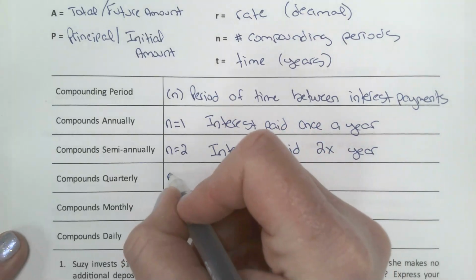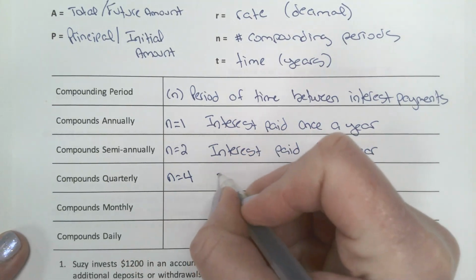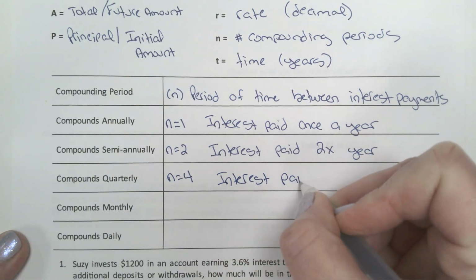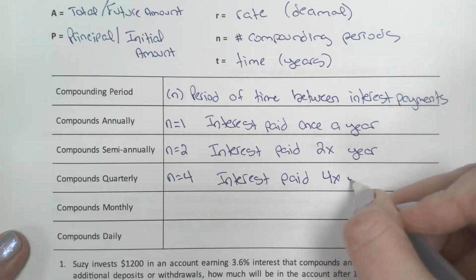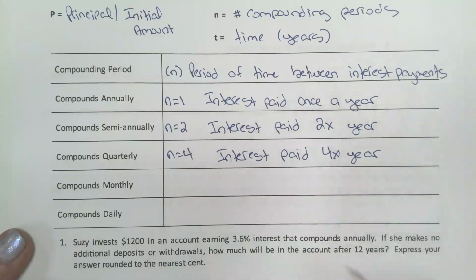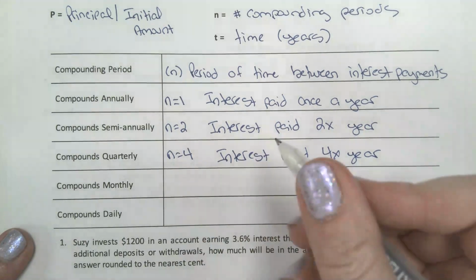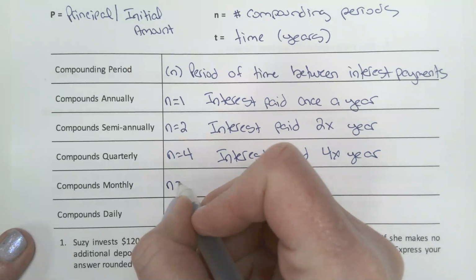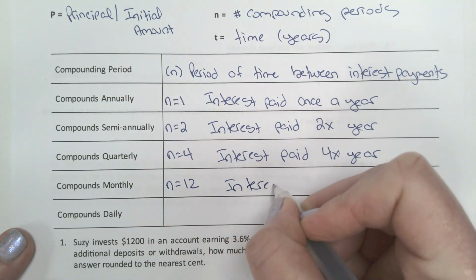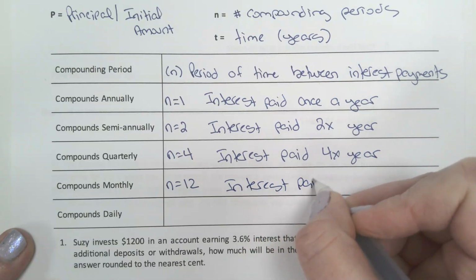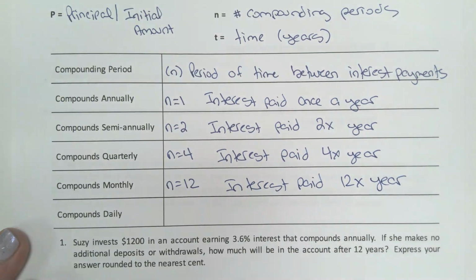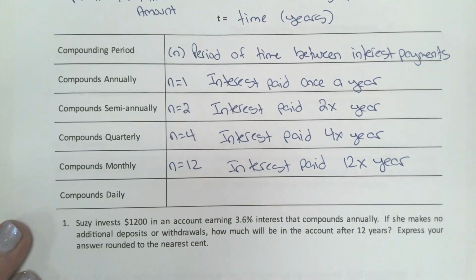Okay, so N would be 4. Interest is paid 4 times a year. I think that monthly is very common. So N is 12. So interest would be paid monthly or 12 times a year.